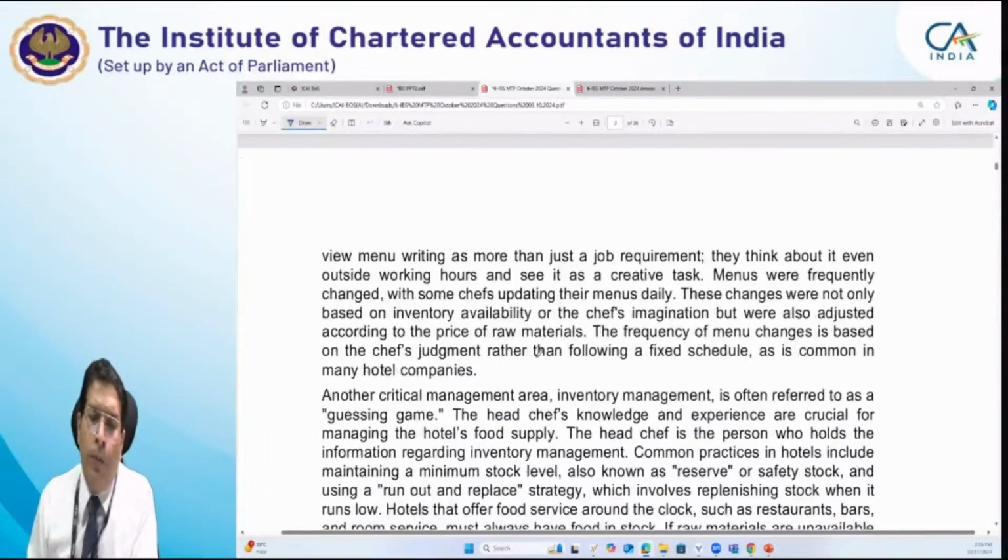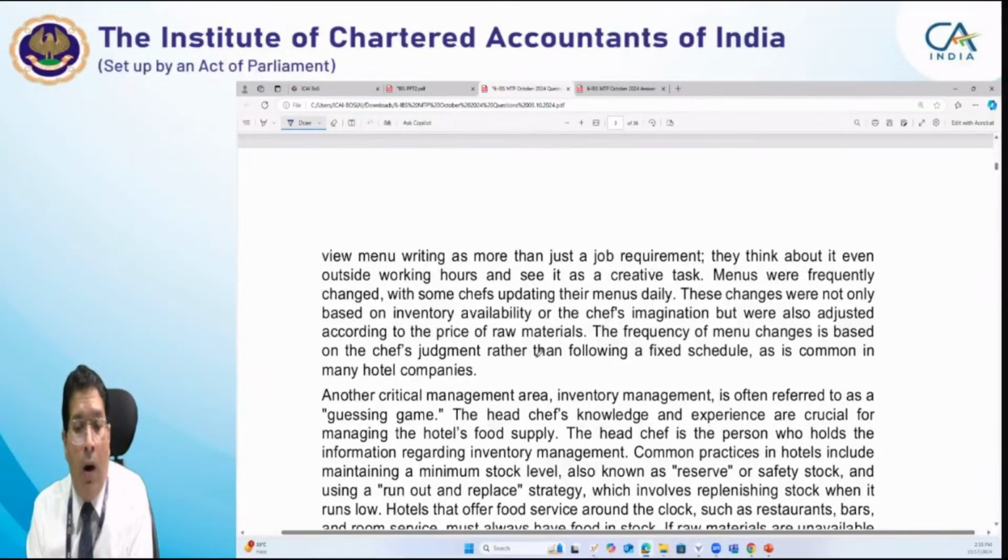Chefs view menu writing as more than just a job requirement. They think about it even outside working hours and see it as a creative task. Menus were frequently changed, with some chefs updating their menus daily.